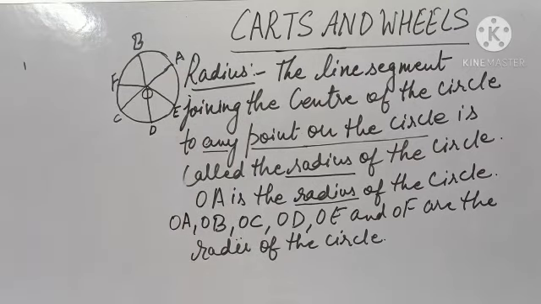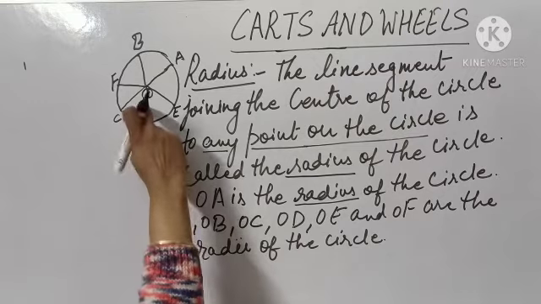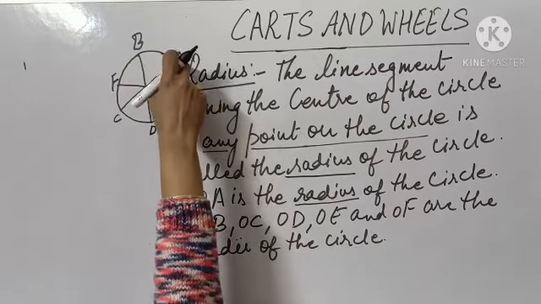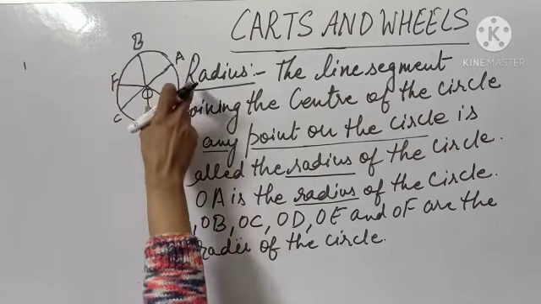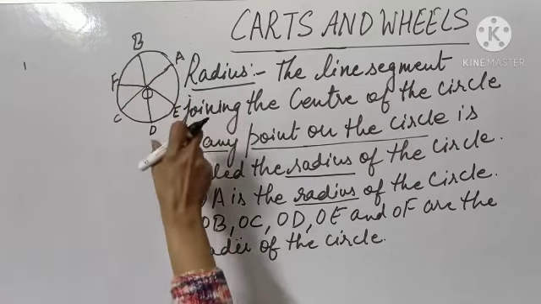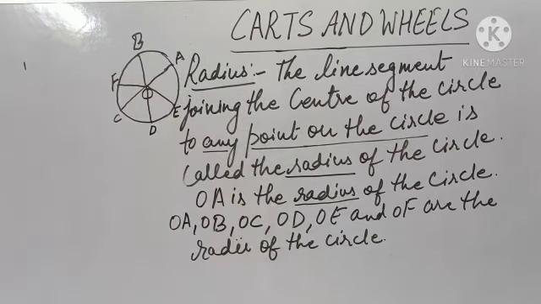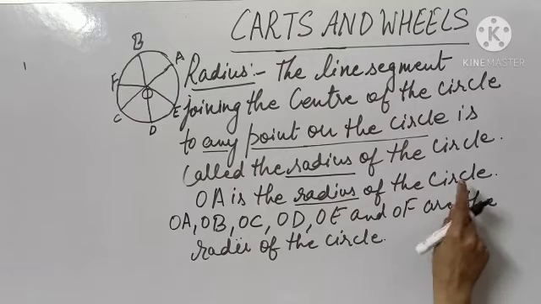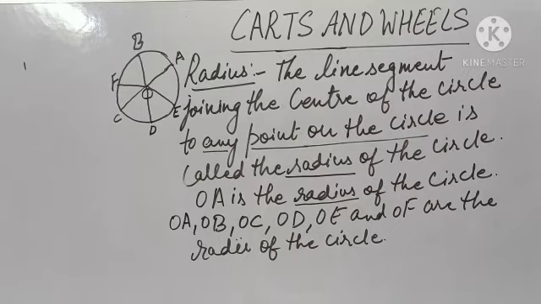Only these 2 points we should have, and when we join the center of the circle and any point on the circle, we will get a line segment, and that particular line segment will be the radius of the circle. And in each and every circle we can have many radius, and having many radius will be the radii. Radii is the plural word of the word radius. Okay? Understood? Thank you.